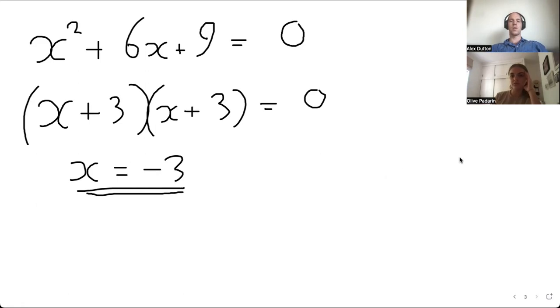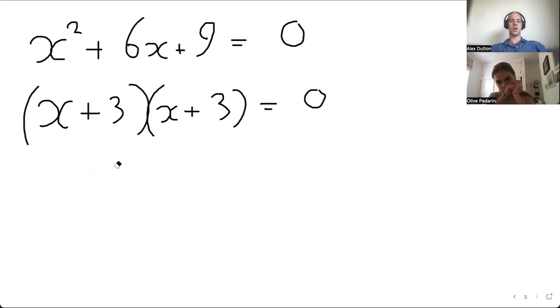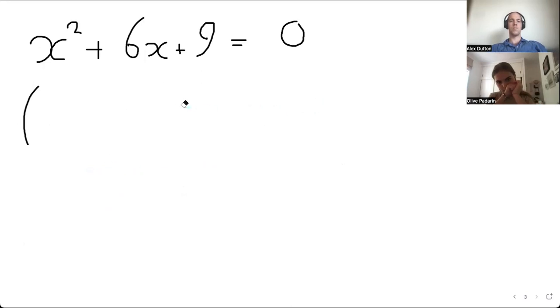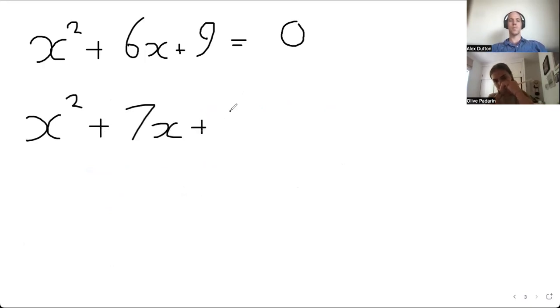Now, let's have a look at question 4. So I deliberately put this in. I'm going to rub out the solutions here, but we should remember what the solution to this one was. Now, question 4 is this, if I'm not mistaken: x squared plus 7x plus 10 equals x plus 1, right?